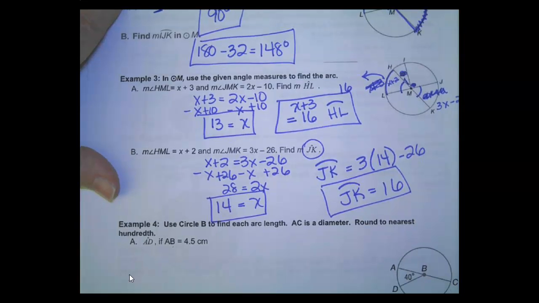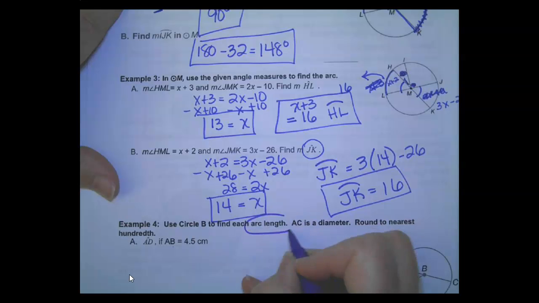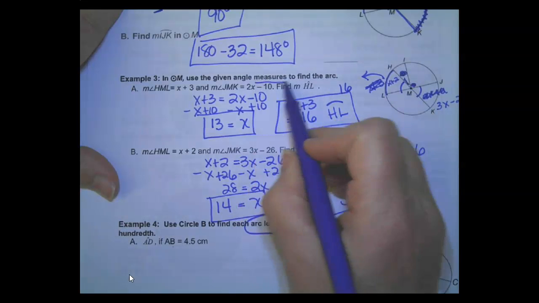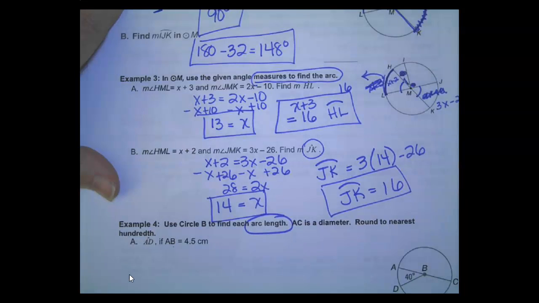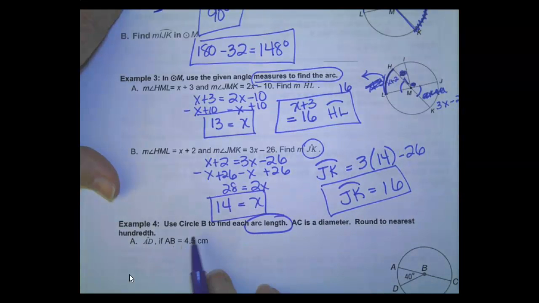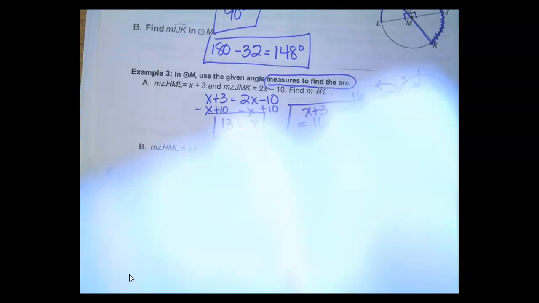Okay, so this one, they're trying to find arc length, which is different. This is the measure of the arc, which means that the angle and the measure of this arc are equal. Here, you're going to use that other formula. Does this give me enough information? Find each arc length. AC is the diameter. Okay, so let's go back to that formula.